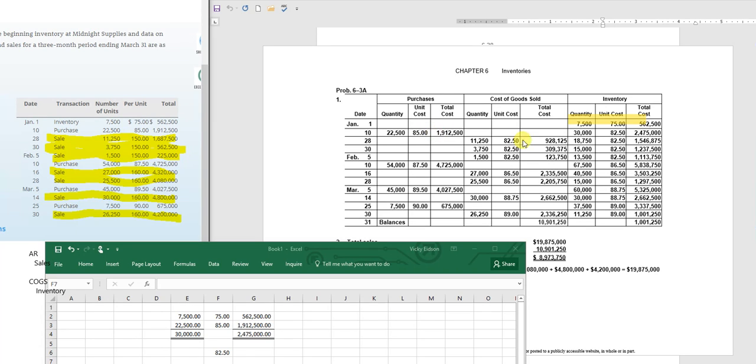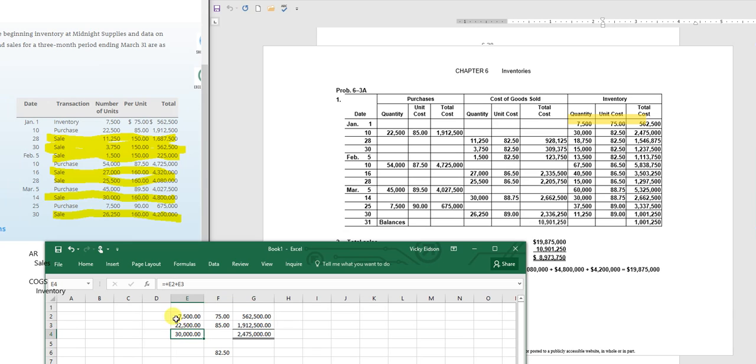Okay, so now I wish they would have showed you the computation over here, but let's go down here. I now have two layers. I have my 7,500 at 75, so if I multiply, you can see my formula. That times that gives me 562,000, and then 25 times 85 is 1,912,000.